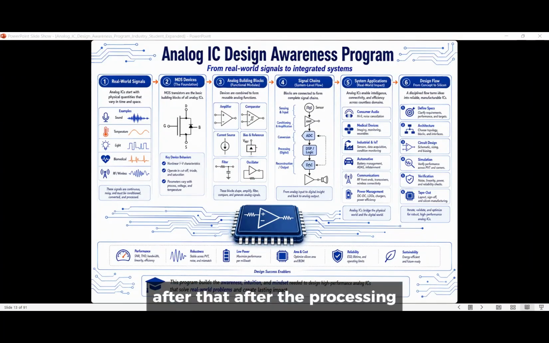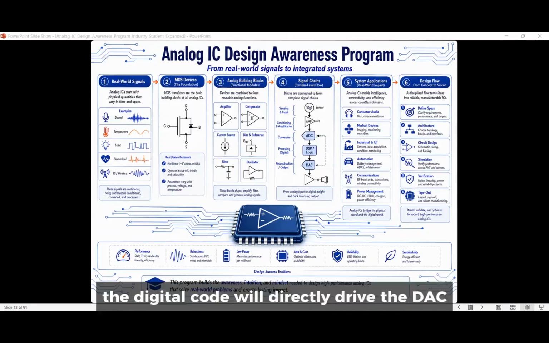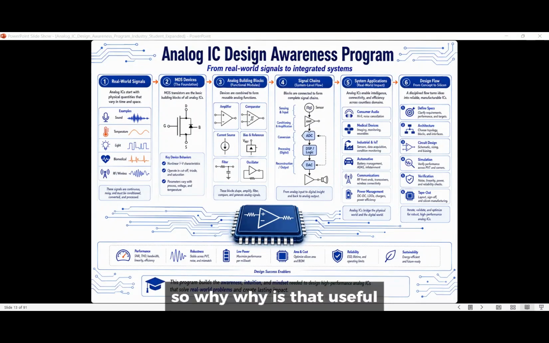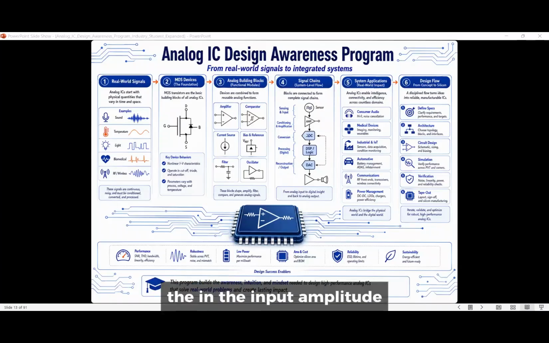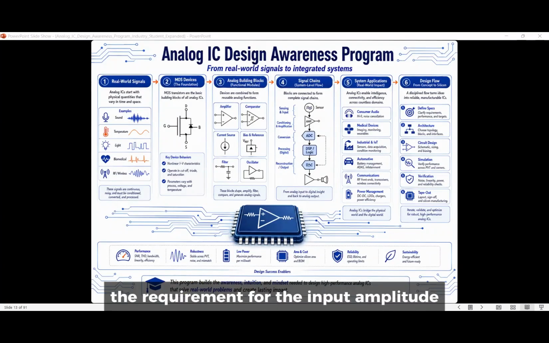After the processing, the digital code will directly drive the DAC. This DAC will feed back to the ADC to tune the parameters of the ADC. So why is that useful? Because the ADC sometimes does not know the requirement for the input amplitude.